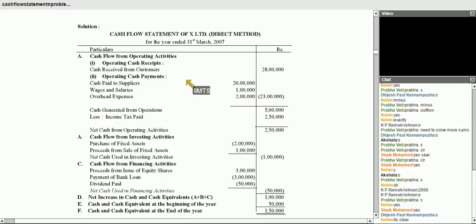The main thing is to judge which item will come under operating activities, which under investing activities, and which under financing activities. You have to be sure about it. Like the payment of bank loan will come under financing activity, or proceeds from issue of equity shares will come under financing activity. Rest is the calculation work.